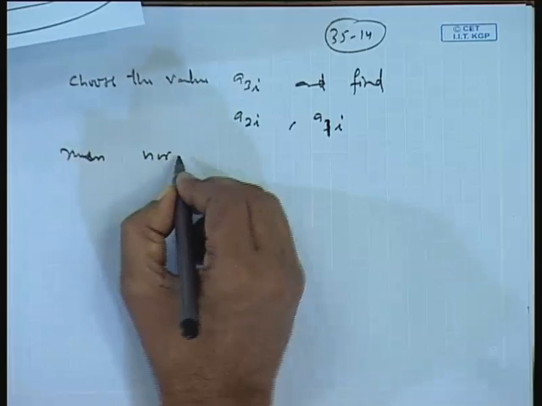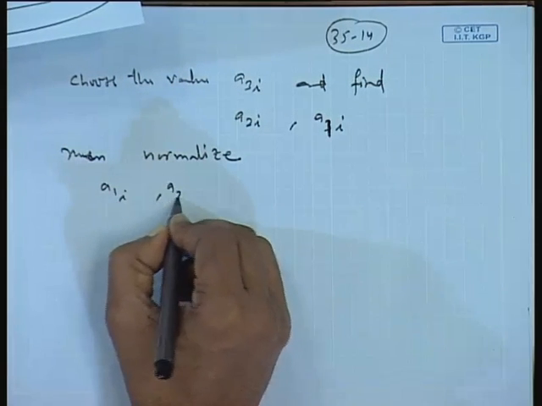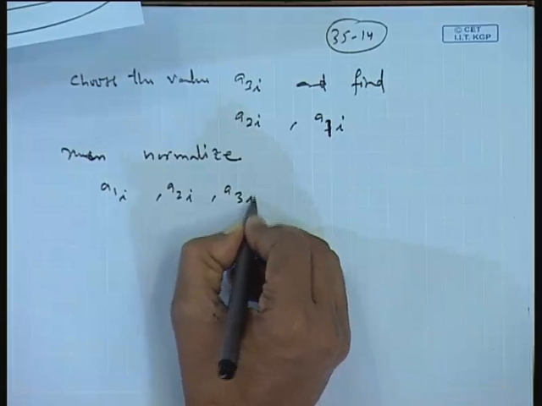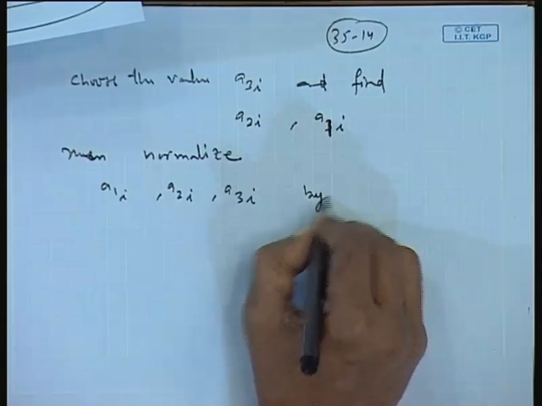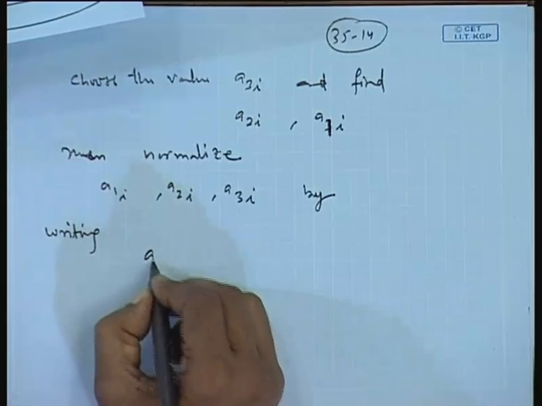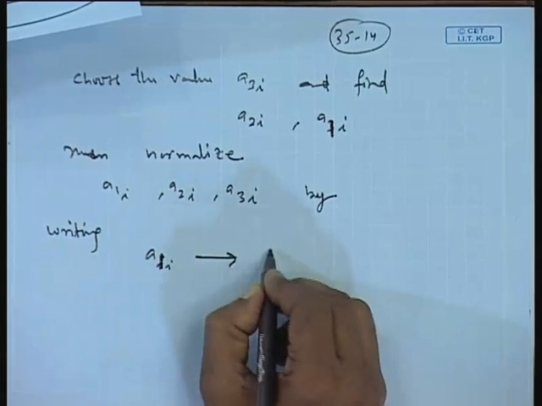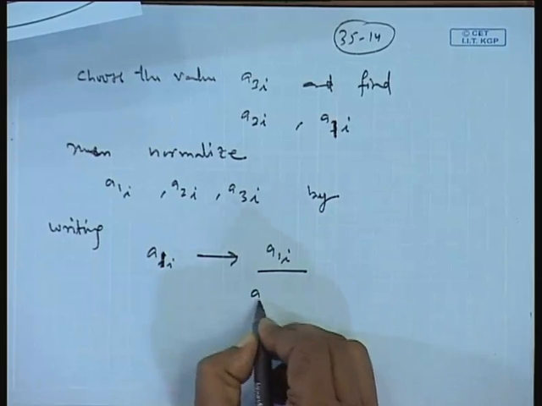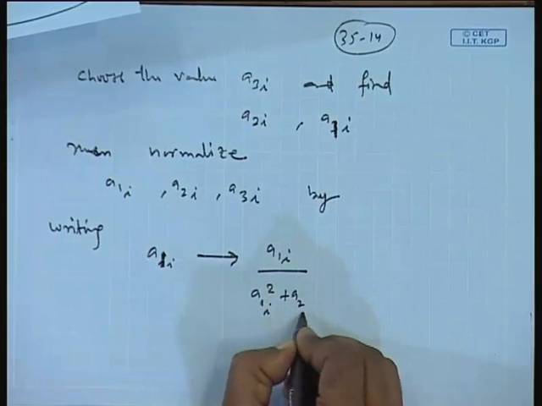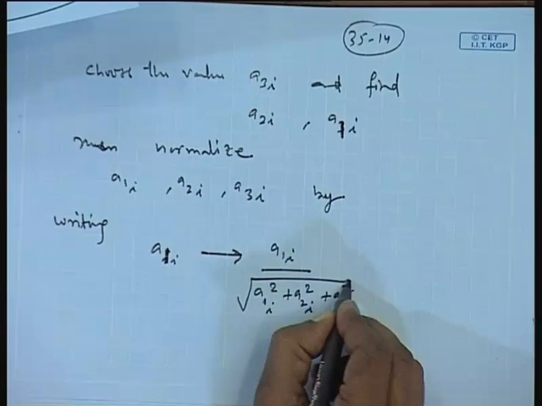Then normalize A1i, A2i, A3i by writing A1i you will be replacing by A1i divided by the square root of A1i square plus A2i square plus A3i square.